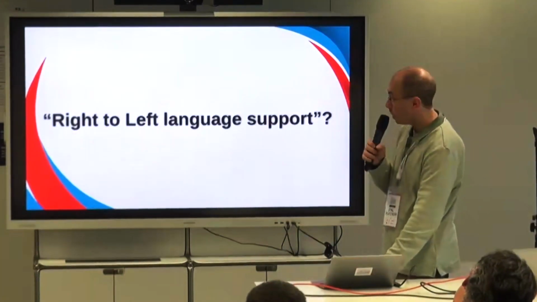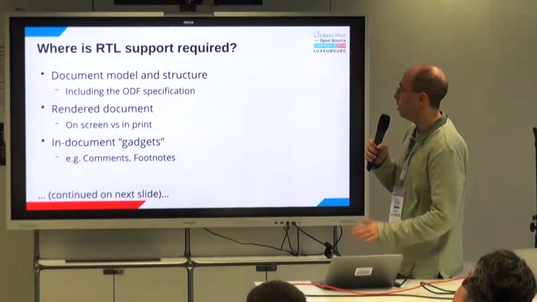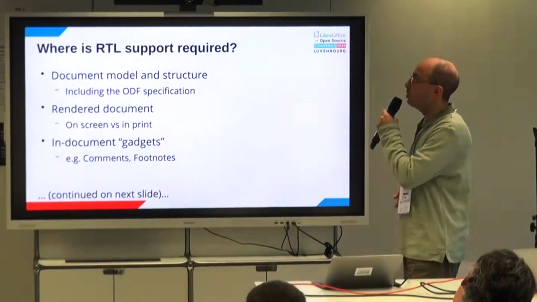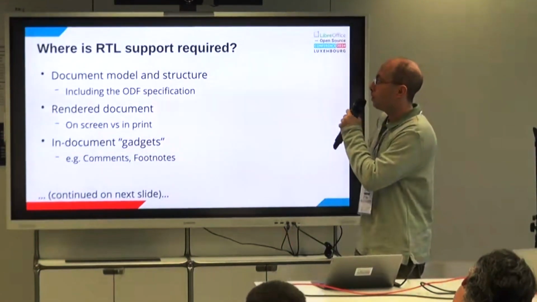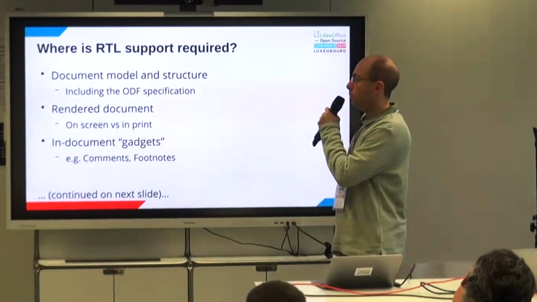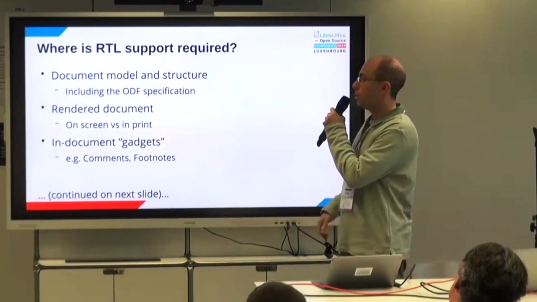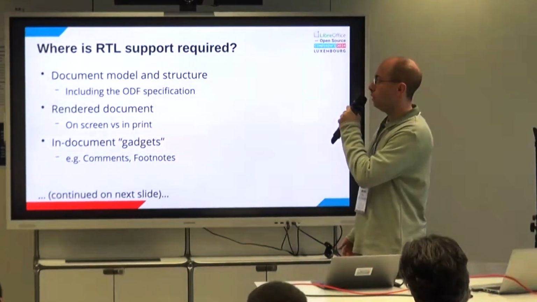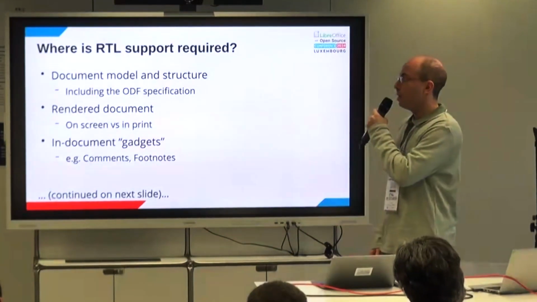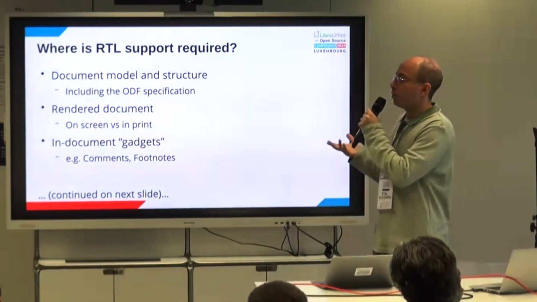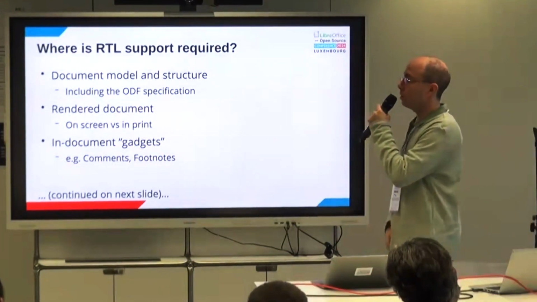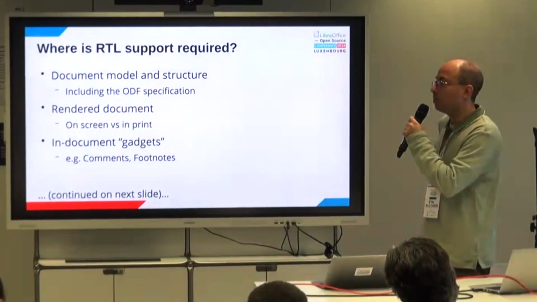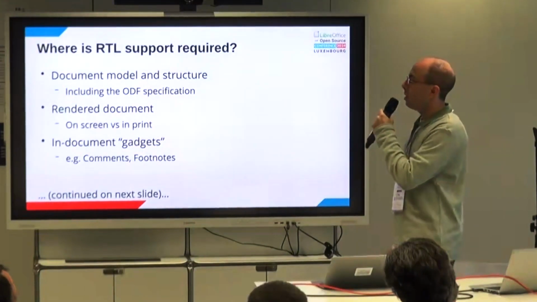So where do we need to support these scripts, these languages? It starts obviously from the document model and document structure, and that means aspects of the ODF specification. Of course, what we usually think about is the rendered document, what we put on screen, or on paper, or into the output file.